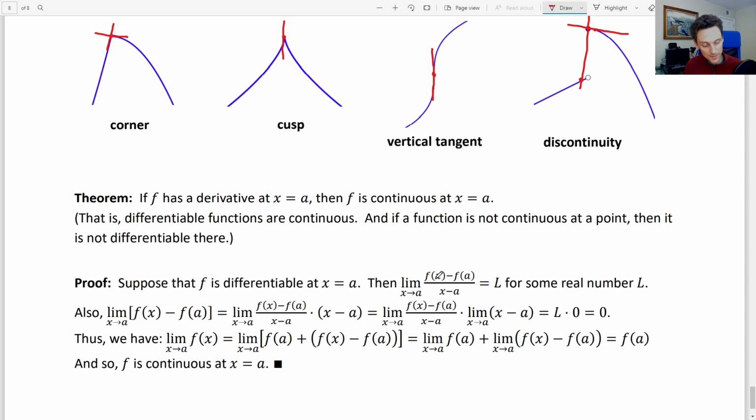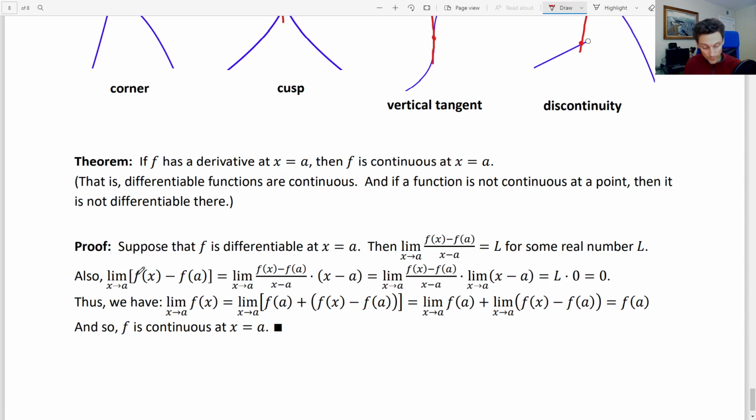But remember, there was one of them that said f of b minus f of a over b minus a. That's this one, and we're just using x instead of b here. So if f is differentiable at x equals a, then this derivative limit would have to exist and be equal to some number that we're calling L.